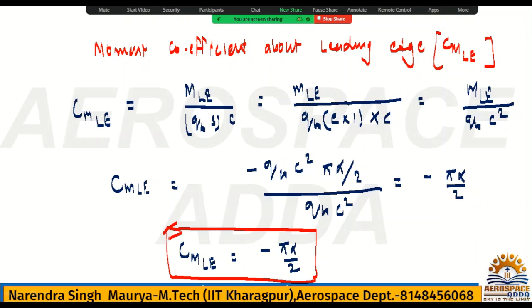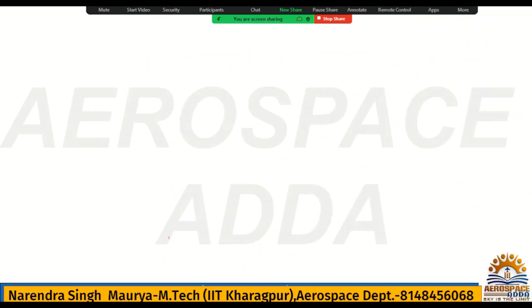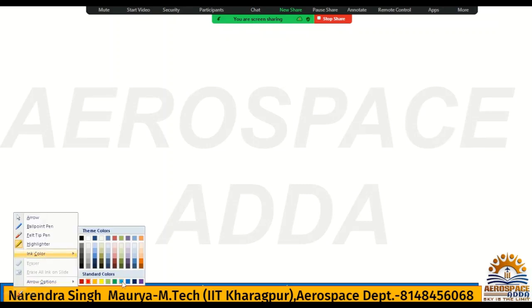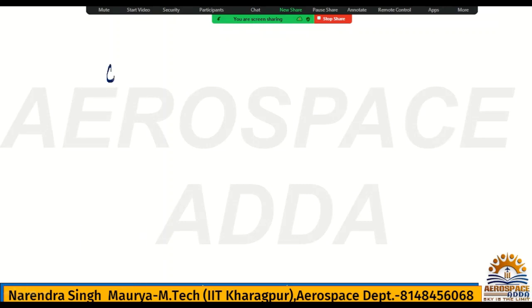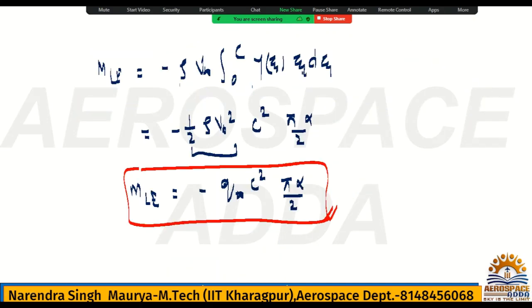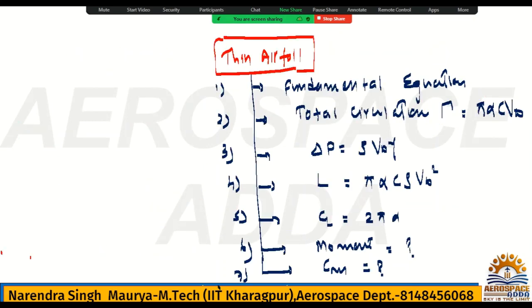CMLE, right? Also you can write this CMLE, pitching moment coefficient at leading edge, is nothing but minus pi alpha by 2. Check what was the CL just now you have calculated, no? Lift coefficient.